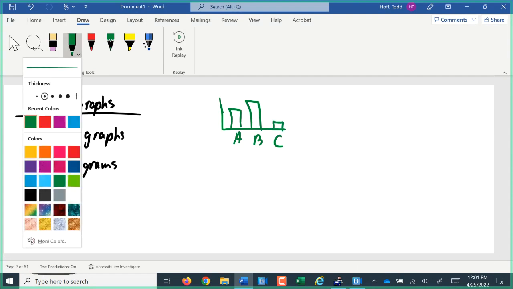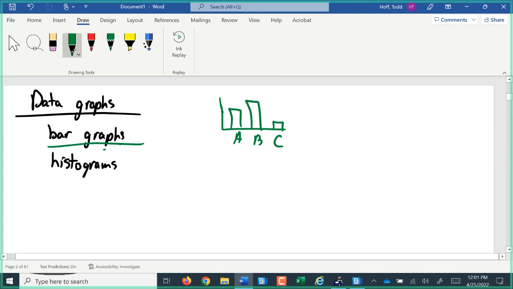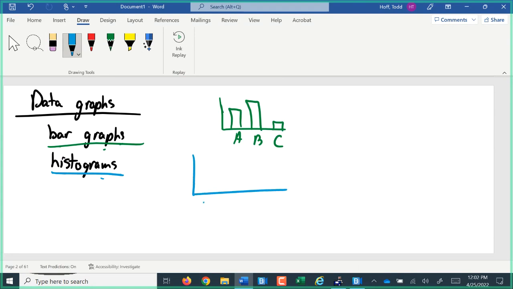The histogram is numerical data. So the histogram has number ranges. It might be 0 to 4, 5 to 9, 10 to 14. And the bars, of course, go up to represent those frequencies.